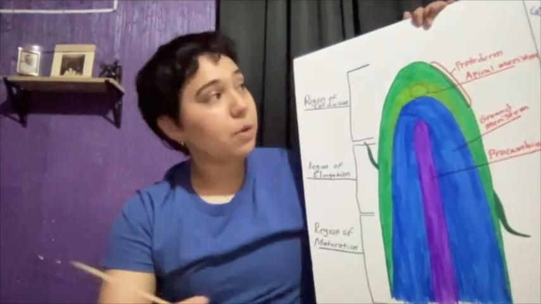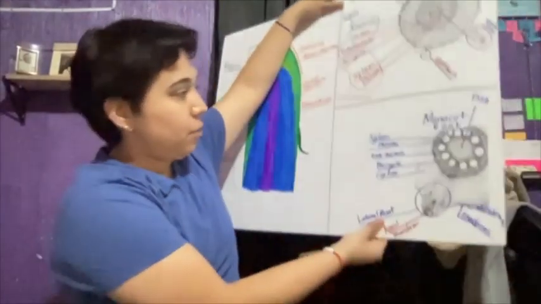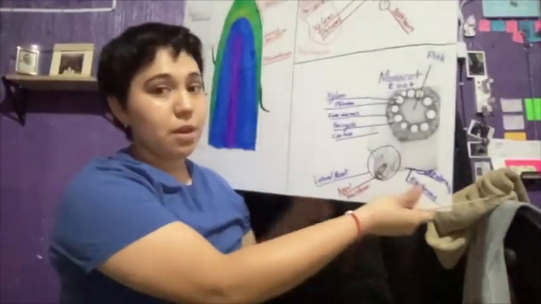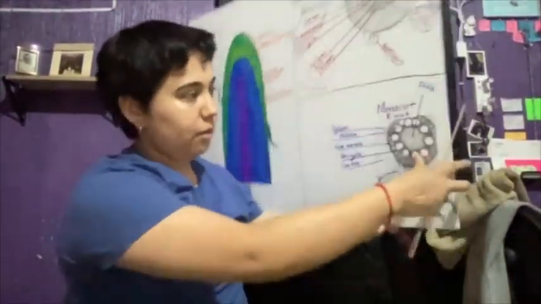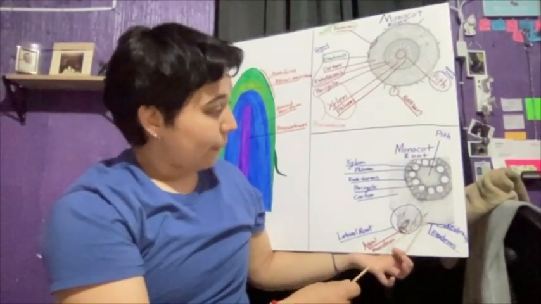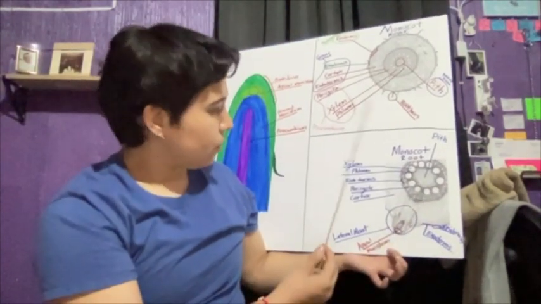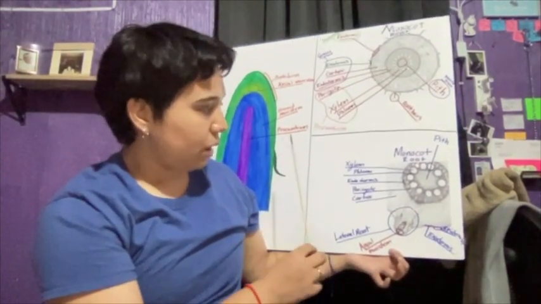All right, the second question will require me to label and name everything on this picture. Basically, this is a monocot root.